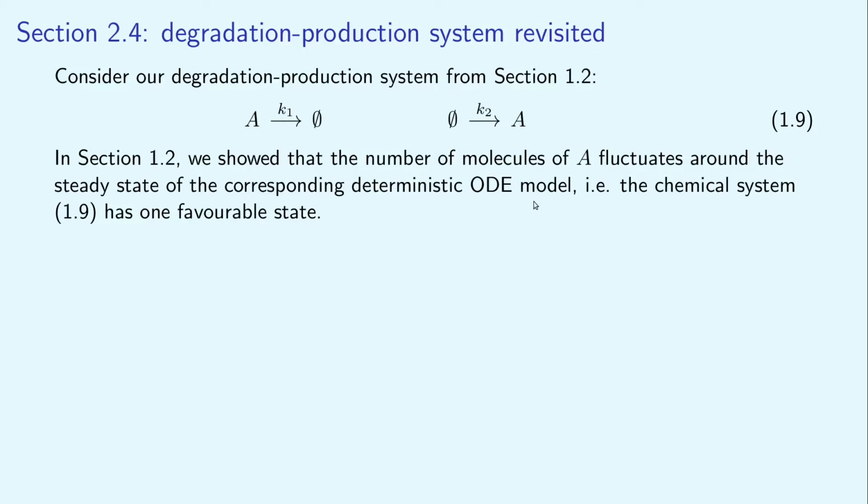Next, we will modify this chemical system into another system which has the same deterministic description. But its stochastic model will be very different. It will switch between two favorable states.